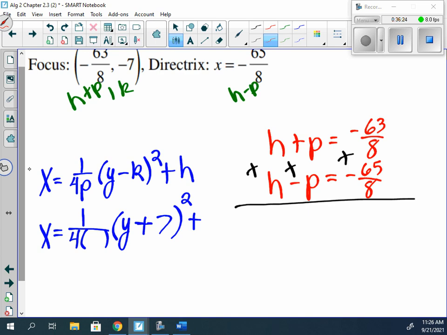Now h plus h is 2h. p plus negative p, 0. What is negative 63/8 plus negative 65/8? Which is? That's very convenient, isn't it?